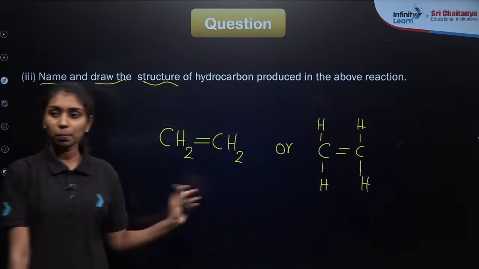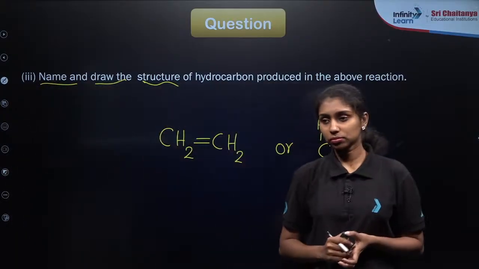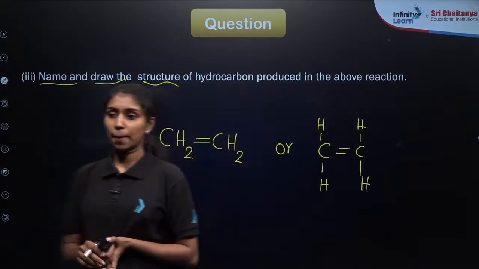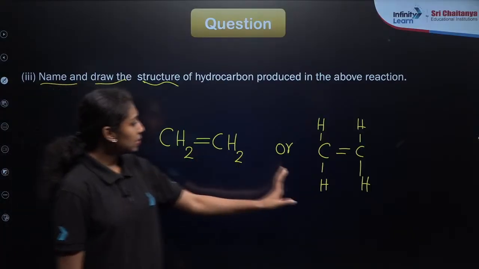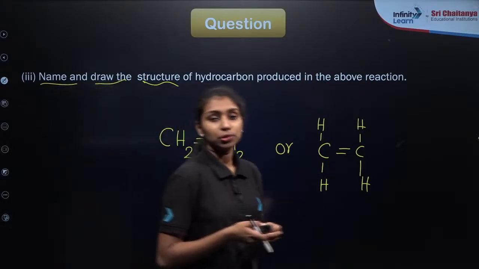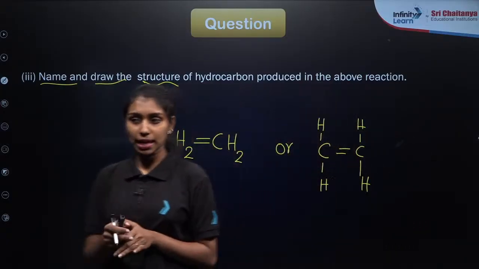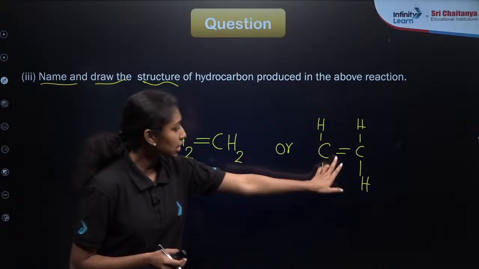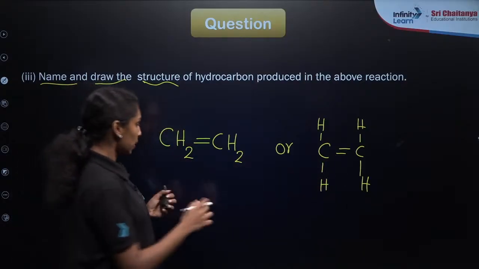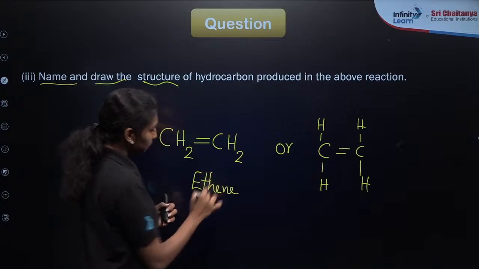What is the name of this compound? This is the condensed formula and this is the expanded structure formula. So what is the name of this compound? 2 carbon compound containing double bond. So 2 carbon means word root will be eth, and in the case of double bond the suffix will be ene, right? So this molecule is ethene. Clear?